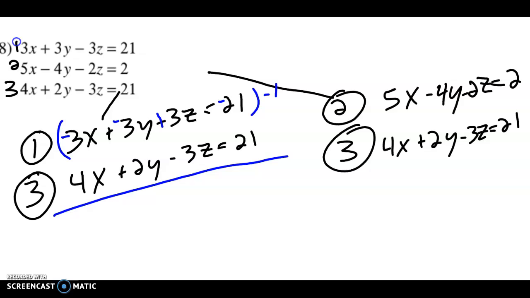When I add these, I get -3x plus 4x is x. I get -3y plus 2y is -y. And my z's eliminate each other. And I end up with 0 on my numbers.